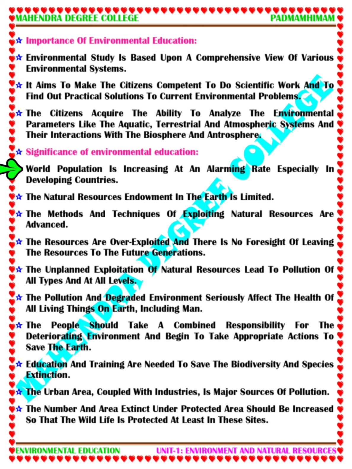Overpopulation also creates challenges in providing healthcare, education, and employment. Controlling population growth is important for sustainable development and a balanced environment. The natural resources endowment in the earth is limited.